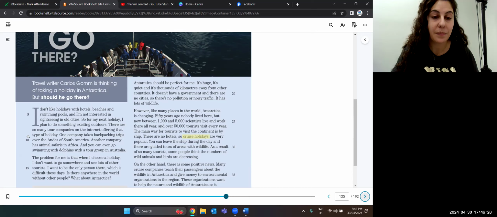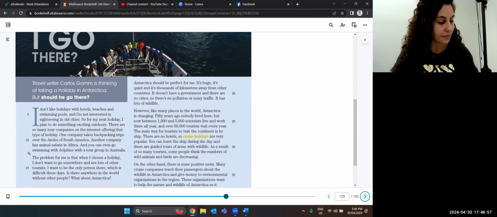One company takes backpacking trips over the Andes of South America. Another company has animal safaris in Africa. And you can even go swimming with dolphins with a tour group in Australia.